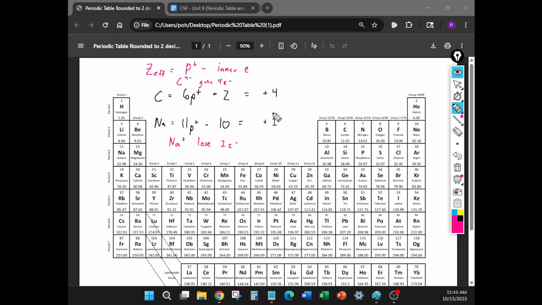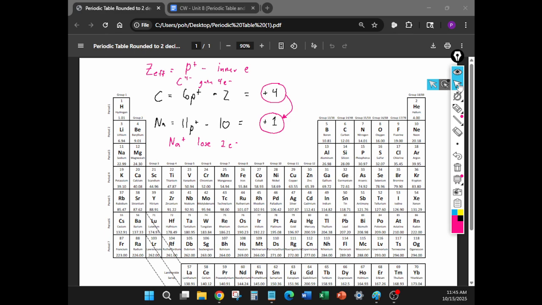So the Zeff value is very low. Carbon wants to gain electrons, so it's probably holding on to the ones it has pretty tightly already. That's why it has a higher Zeff value than something that wants to lose the electron. Zeff just means how tightly it wants to hold the electrons. The bigger the number, the more it wants to hold on to those electrons.